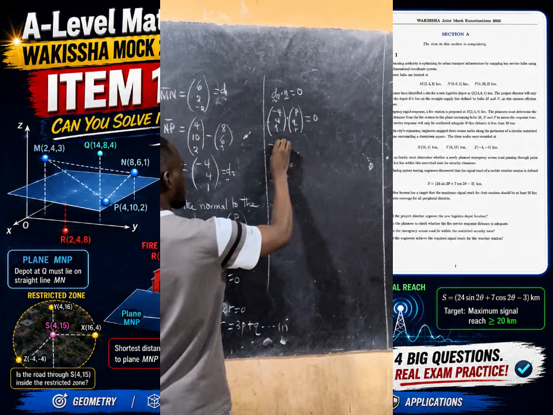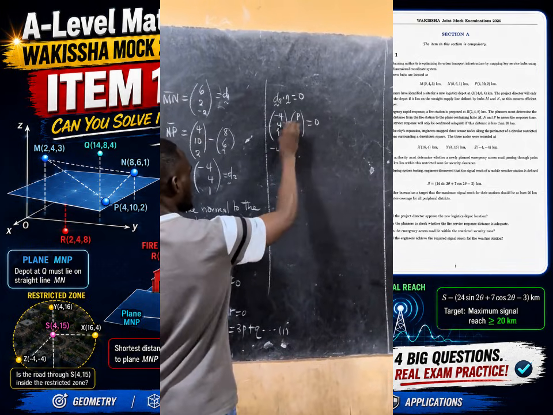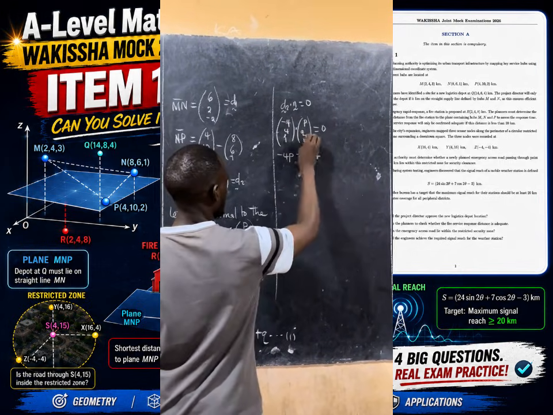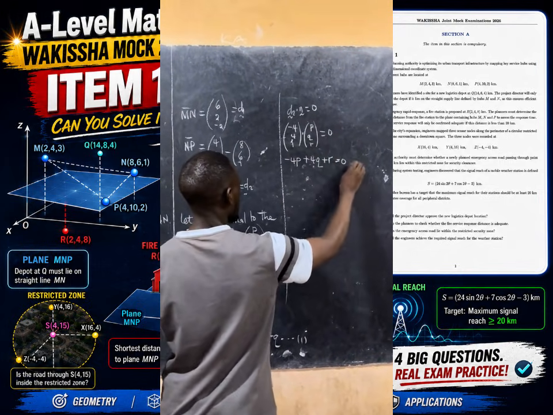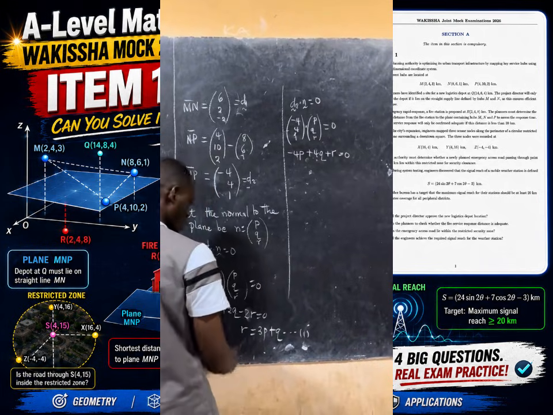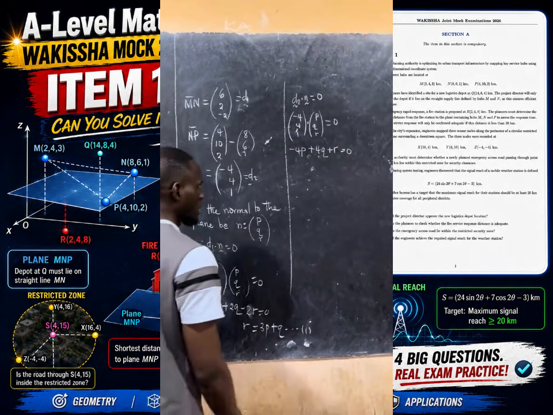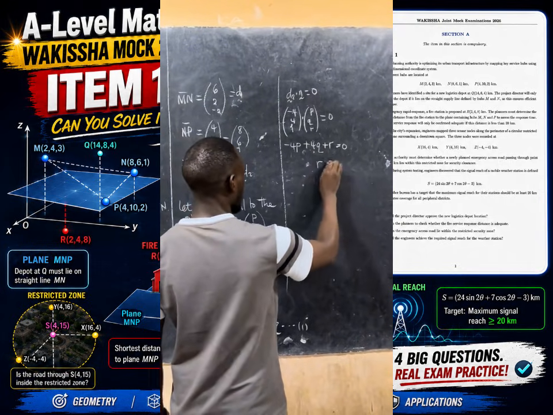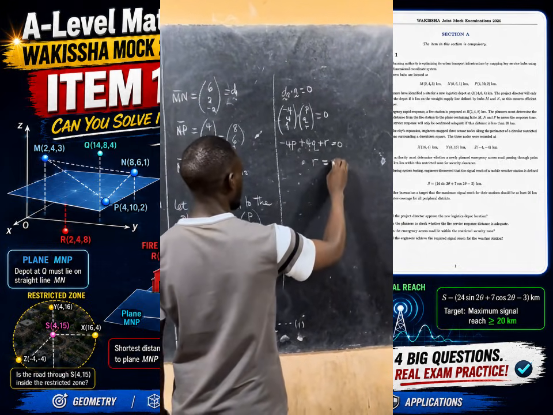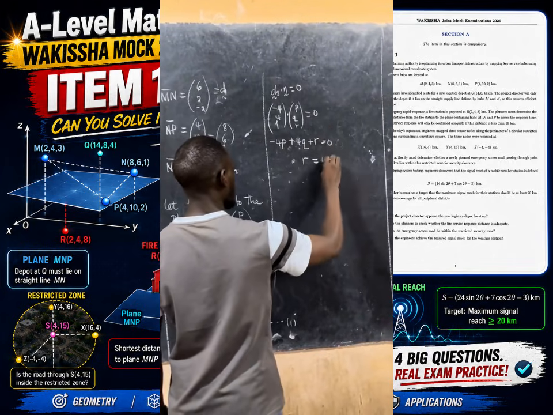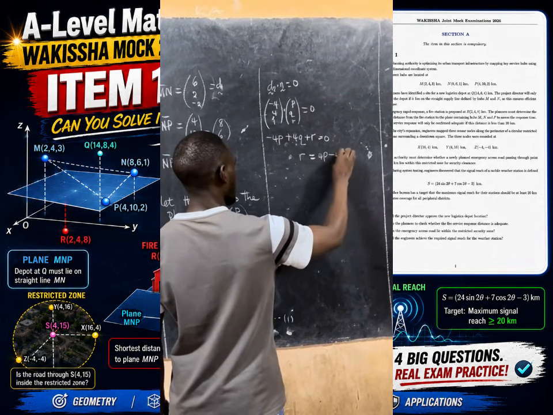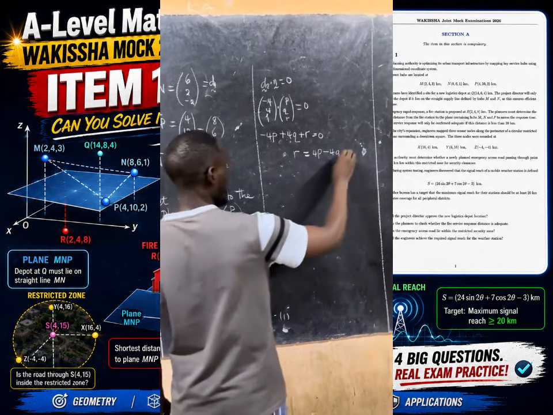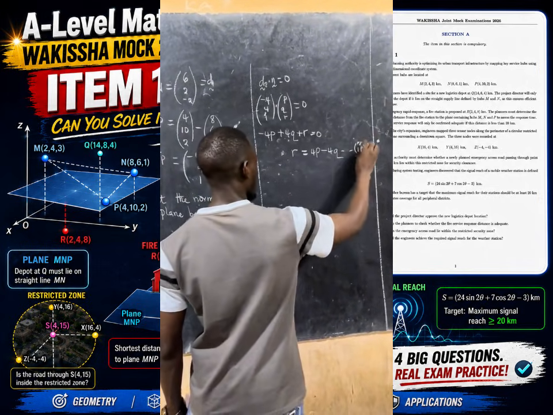When I multiply, it becomes negative 4P plus 4Q plus 1 times R equals 0. Making R the subject, R is equal to 4P minus 4Q. This is equation 2.